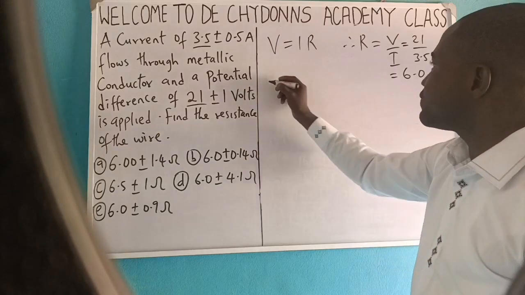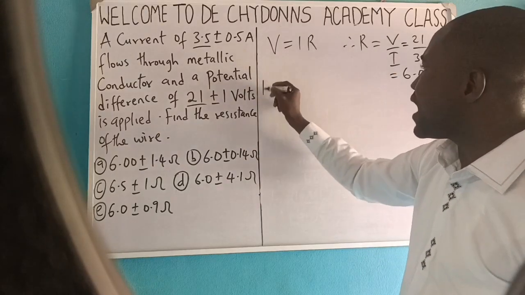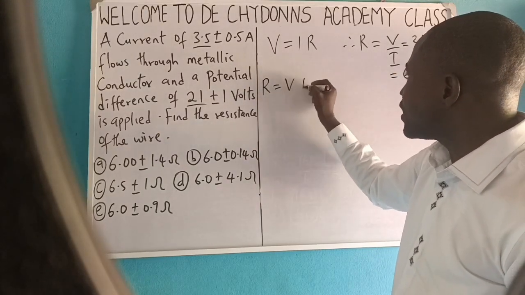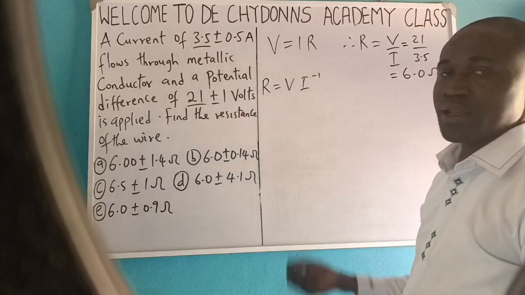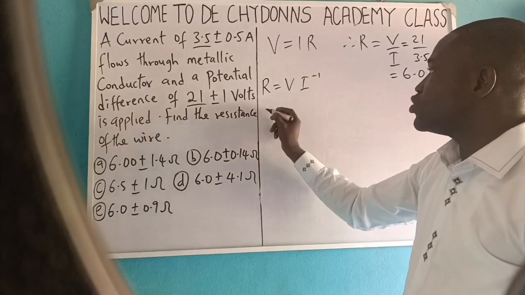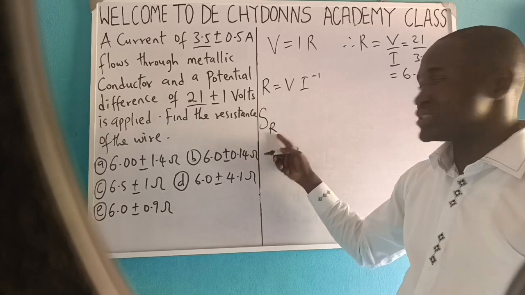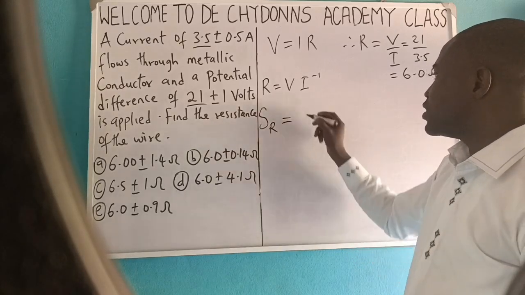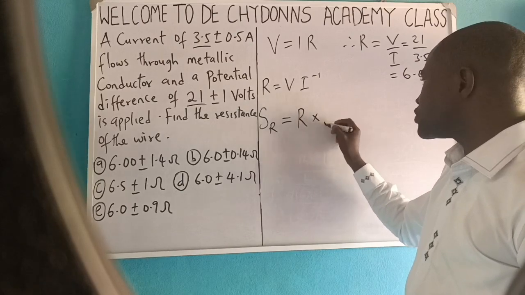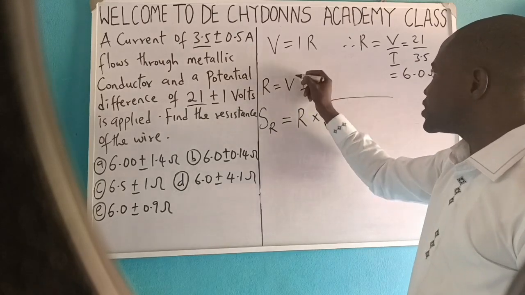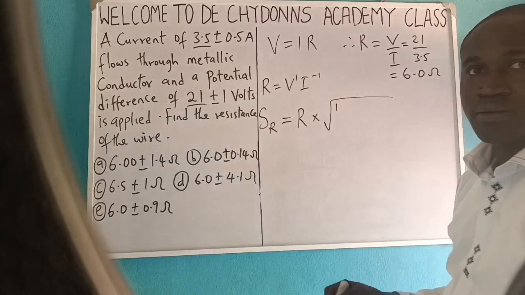You ask yourself, from here I have that R is equal to V I raised to the power minus 1. So I'll be using standard error in getting resistance equals the resistance itself times square root of what is the power of V? 1.